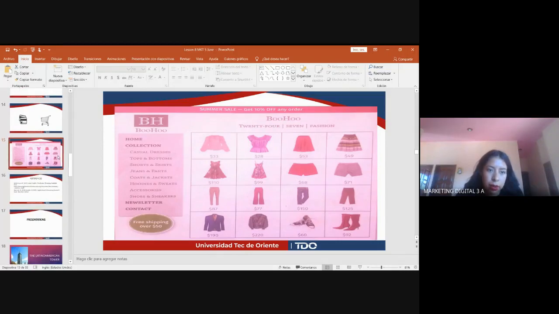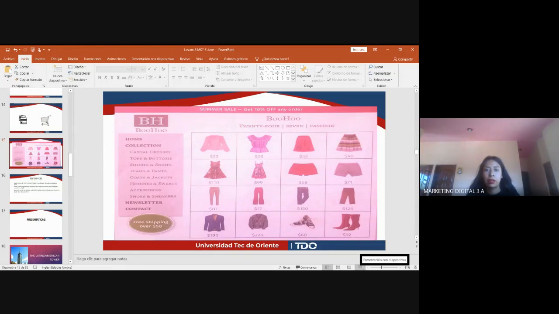Okay, then we have the presentations. So we have this information about a boutique, let's say like that, or an online shop. It's about clothing.